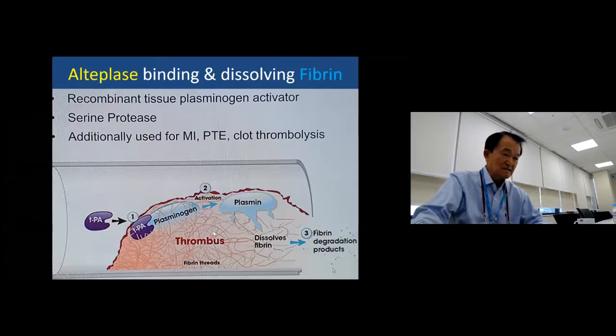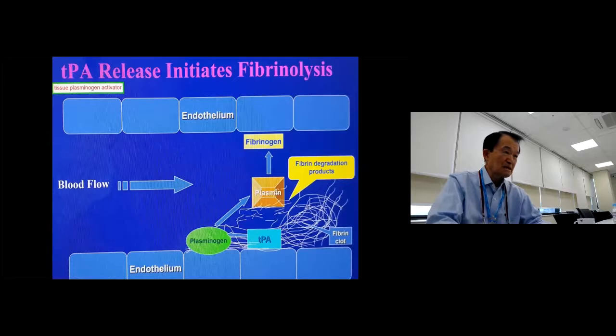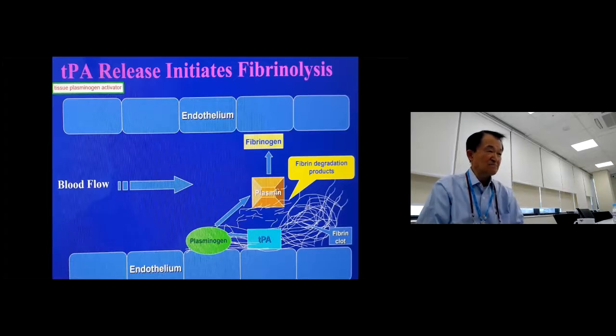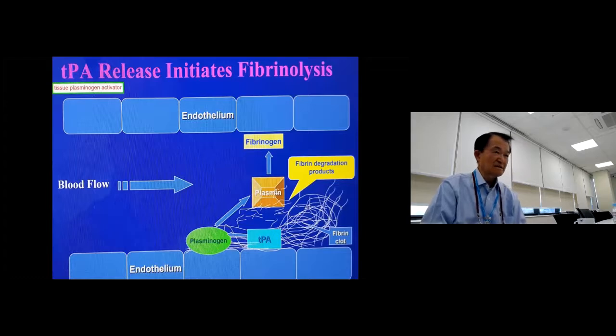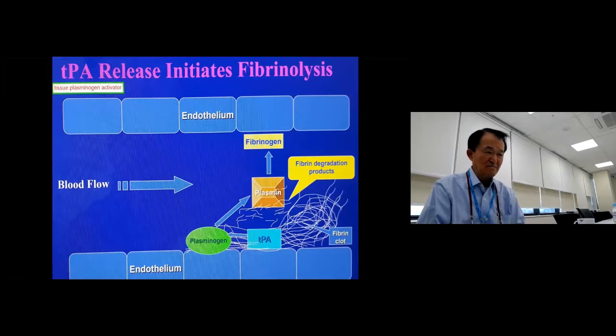So if we label this kind of drug and then image serially, then we know how this works better in vivo. So there's a plasminogen activator that initiates fibrinolysis, sort of melting fibrin.